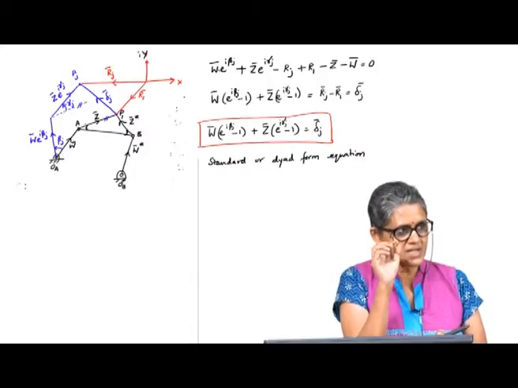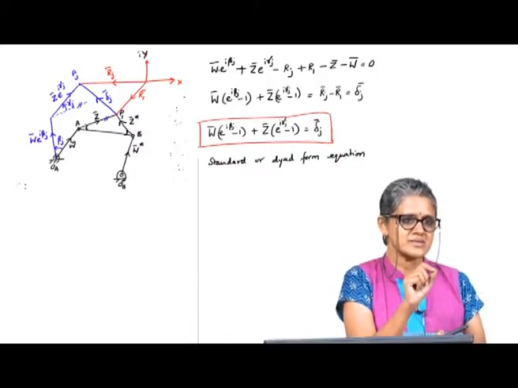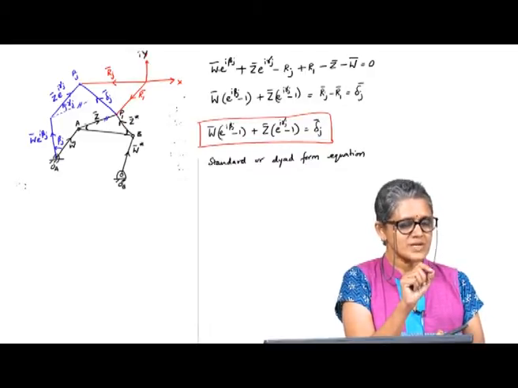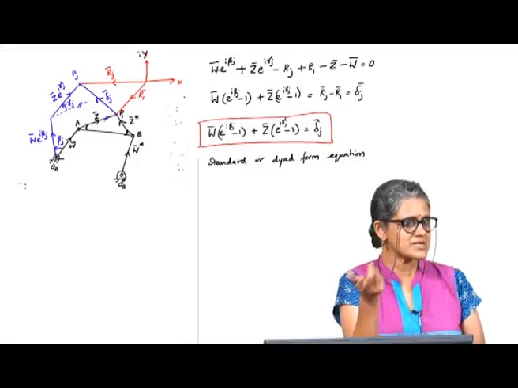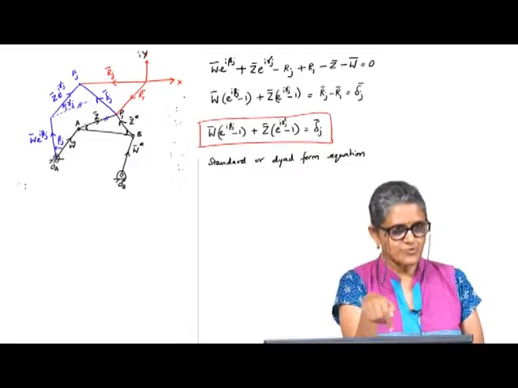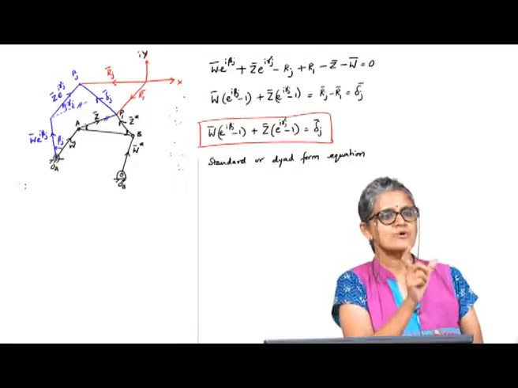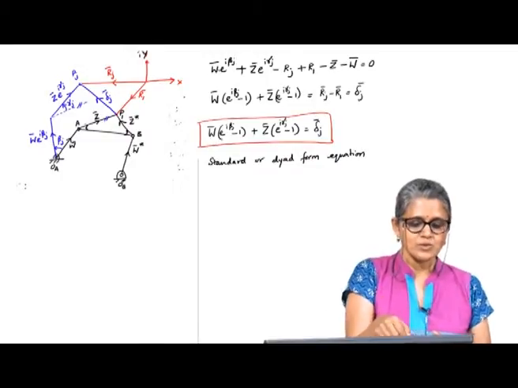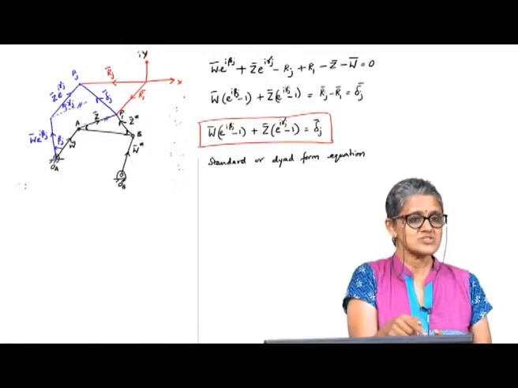R1 to Rj are specified vectors. Okay, they will also have a magnitude and an angle, but for this purpose you know the vector completely. What you are going to do with this is to actually synthesize.